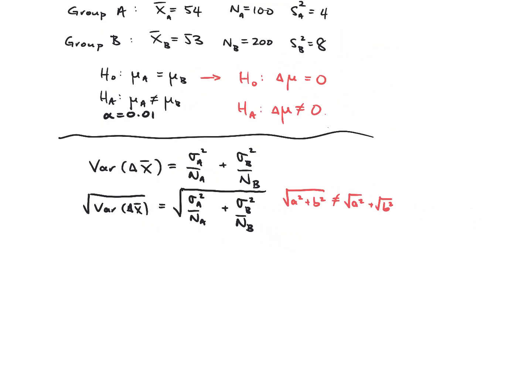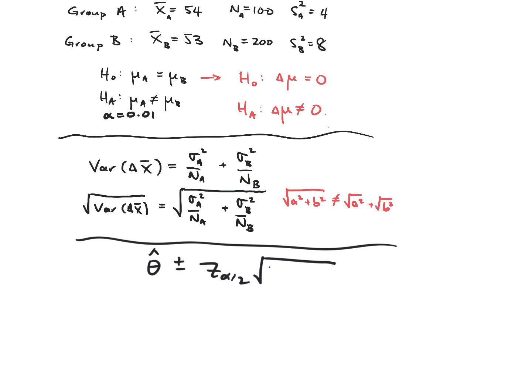Okay, so now we go to our problem. We want to construct a confidence interval, theta hat plus or minus z of alpha over 2, since it's a two-sided test, times the square root of the variance in the estimator. Specifically we're talking about the difference in means.